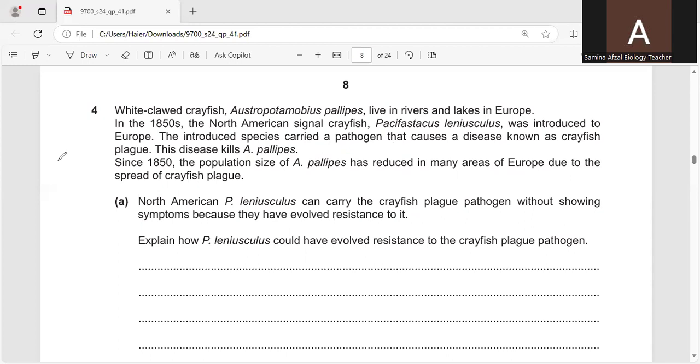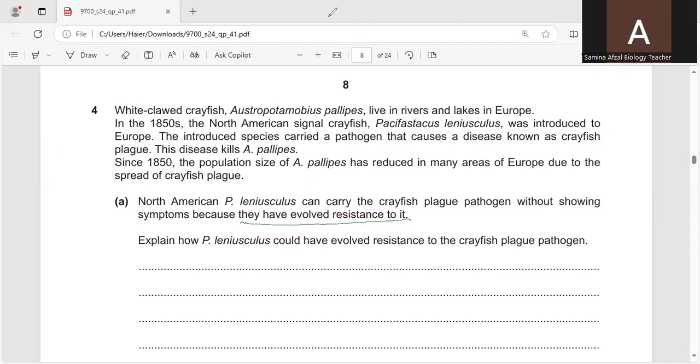This disease kills A. pallipes. Since 1850, the population size of A. pallipes has reduced in many areas of Europe due to the spread of the crayfish plague. North American P. leniusculus can carry the crayfish plague pathogen without showing symptoms because they have evolved resistance to it.